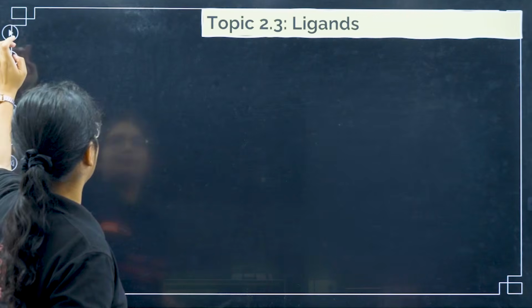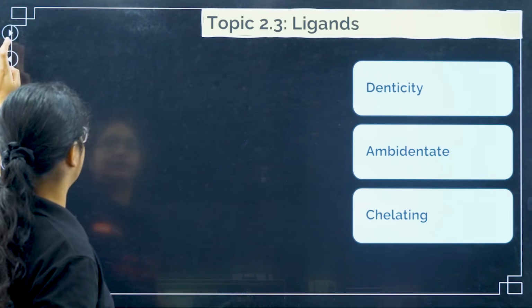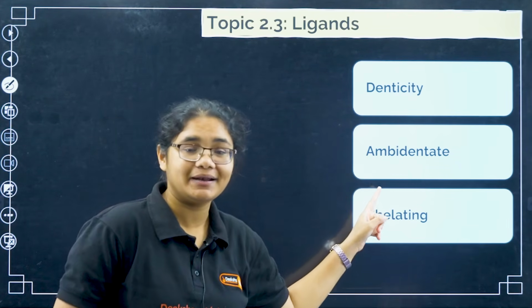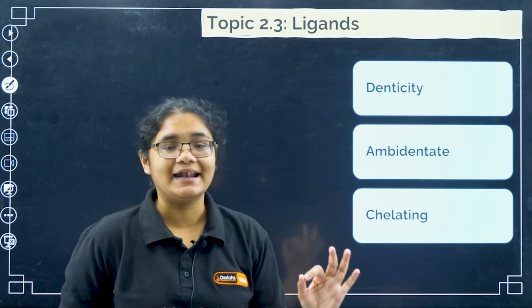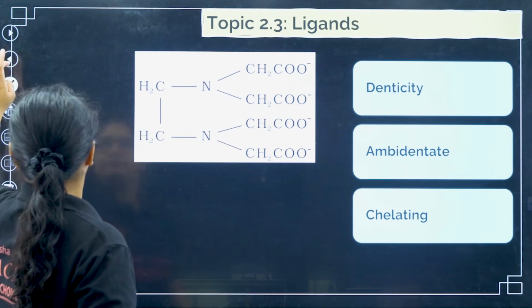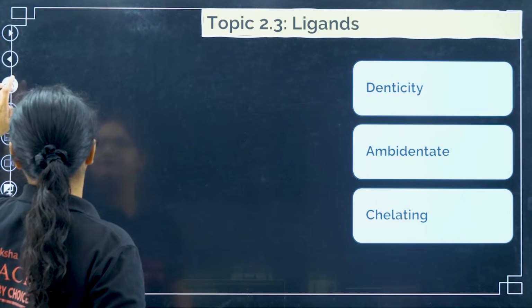Now we will know more about ligands. So we have these definitions about ligands. We have to know what is the denticity of a ligand, what is an ambidentate ligand, and what is a chelating ligand. Okay, so let's see.